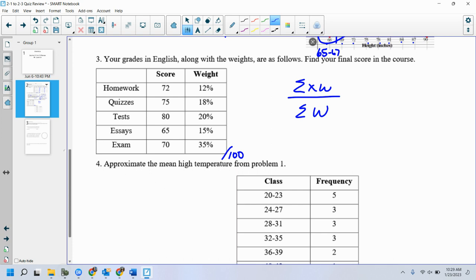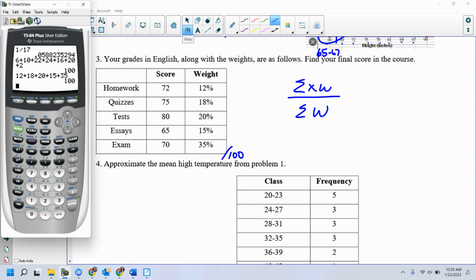So we're going to take 72 times 0.12. And I'm going to add all these together. Plus 75 times 0.18 plus 80 times 0.2. Oh, I hit enter. Shoot. Plus 65 times 0.15.